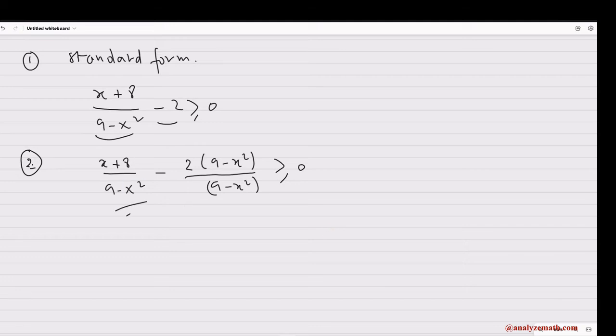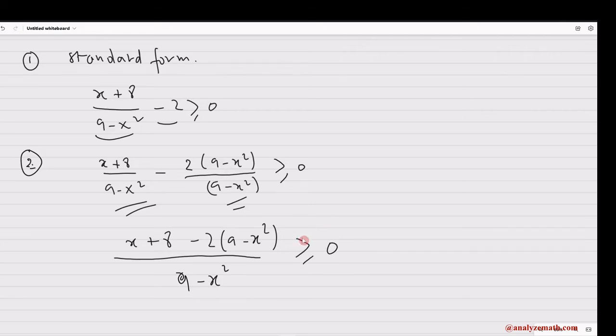Now this is a common denominator, so I can group the two terms and write it as follows: x plus 8 minus 2 times (9 minus x²), and then here the common denominator. All this bigger than or equal to 0.